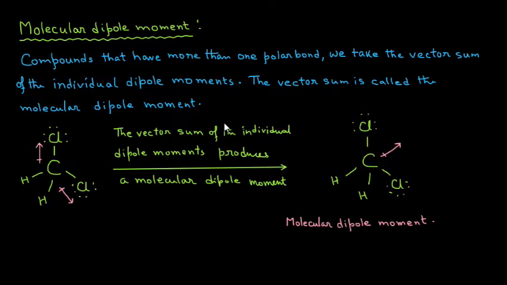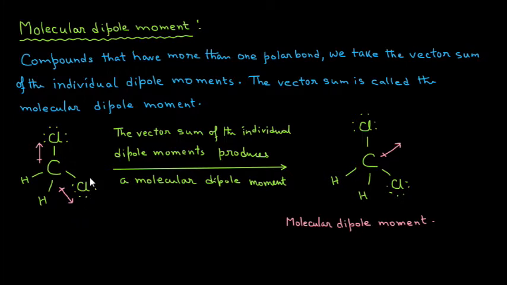For example, in dichloromethane, there are 2 chlorine atoms attached with the central carbon atom. Since chlorine atom is more electronegative, the dipole indicator is towards both the chlorine atoms.